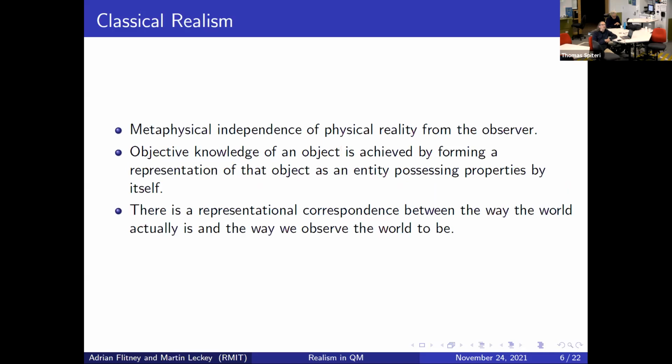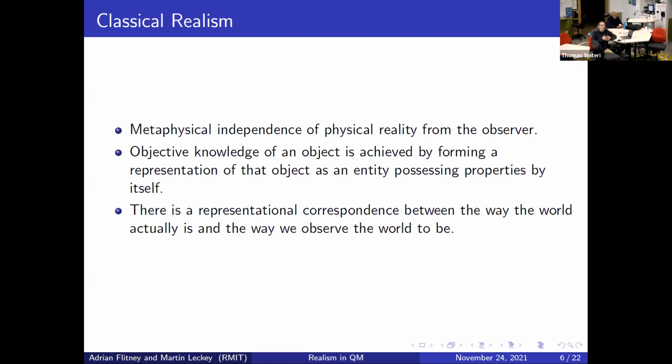Next slide. This is just a little bit of summary. I am a physicist and not a philosopher, so people may object to my summarizing classical realism, but this is just from my readings. We have independence of physical reality from the observer.